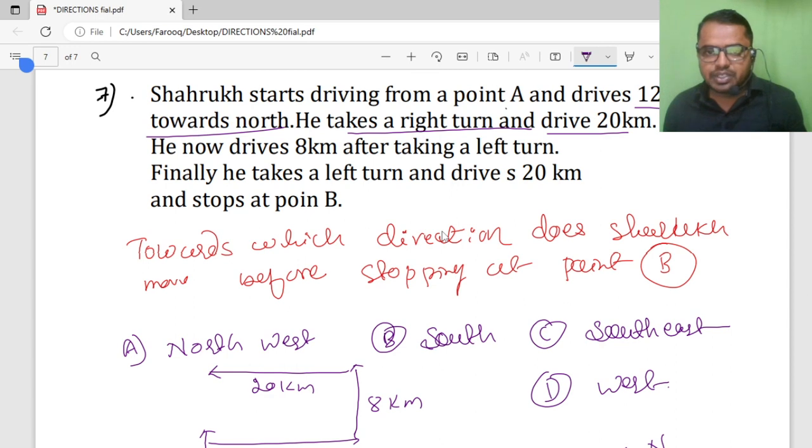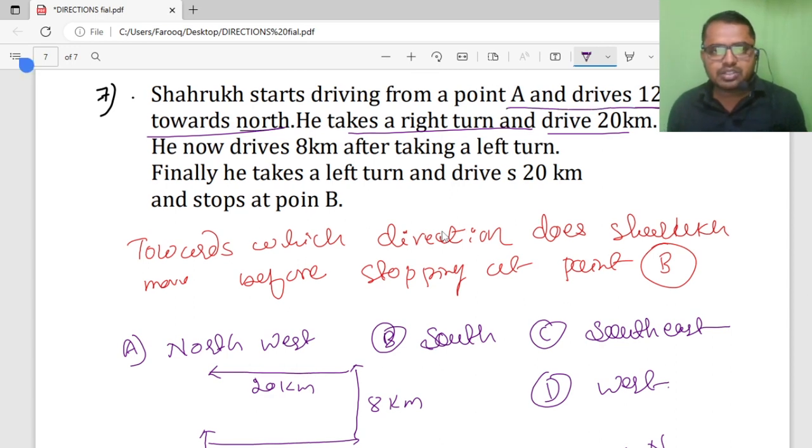Shahrukh starts from point A and drives 12 kilometers towards the north. He takes a right turn and drives 20 kilometers, and he now drives 8 kilometers after taking a left turn, in this direction.